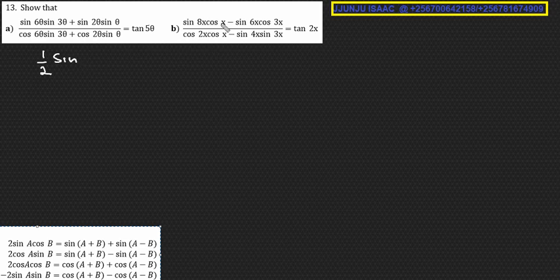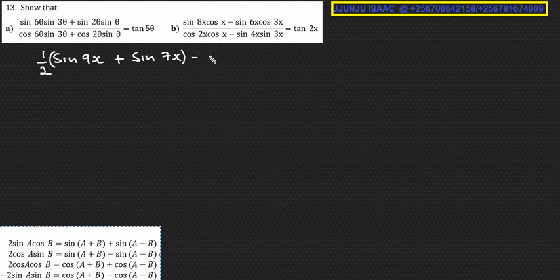When we first add them, this gives us 9x. Then plus sine when we subtract them, which is 7x, that is a half.